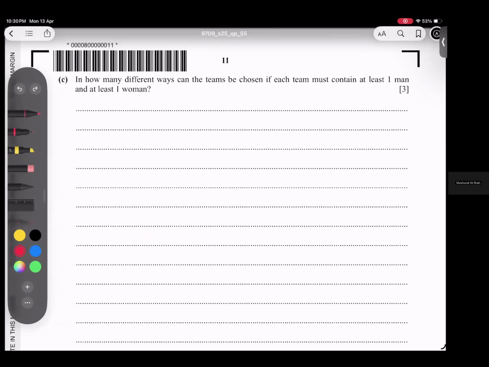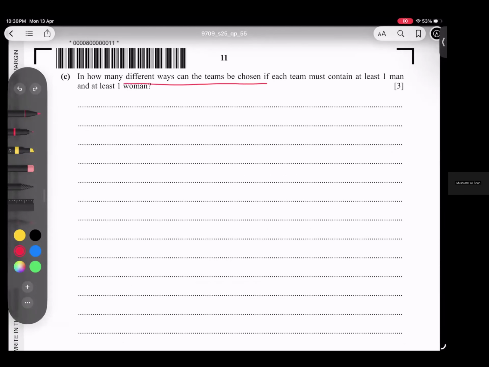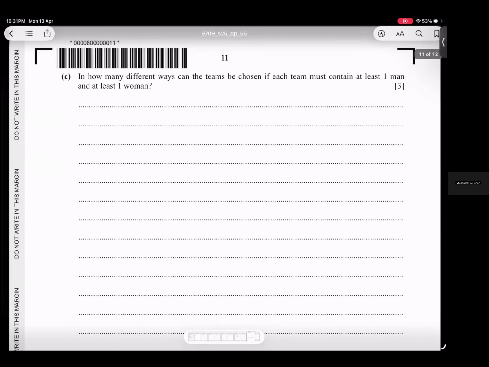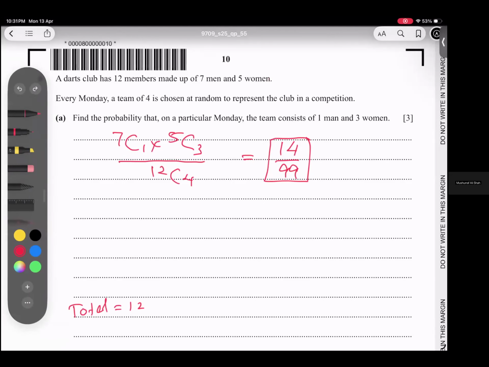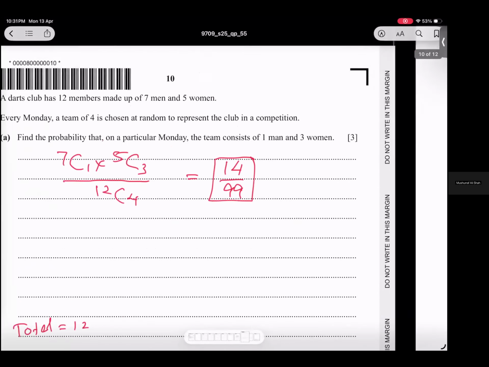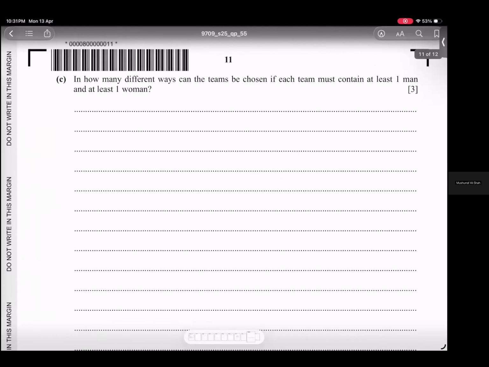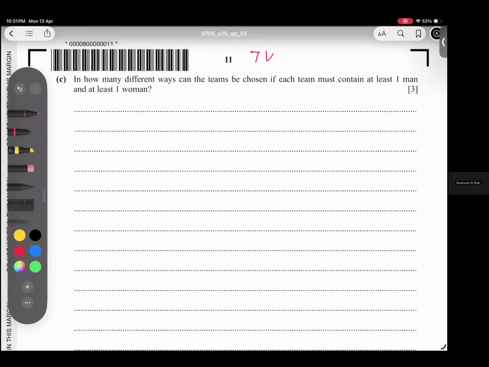Same planning, but he said how many different ways can a team be chosen if at least one woman and one man must be there. So first of all, let me take the values from the previous page: 12 members, 7 men and 5 women. So this is total, and total is 12.